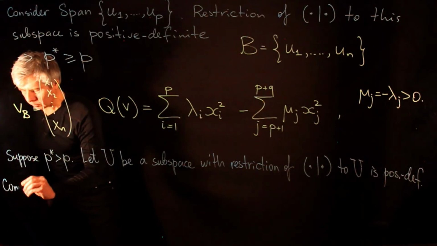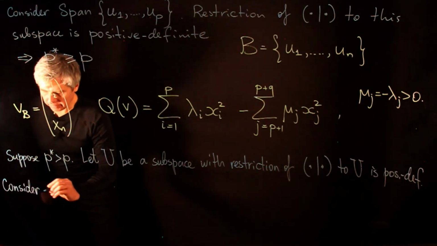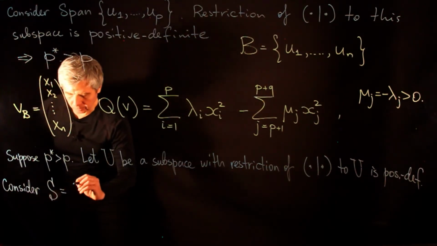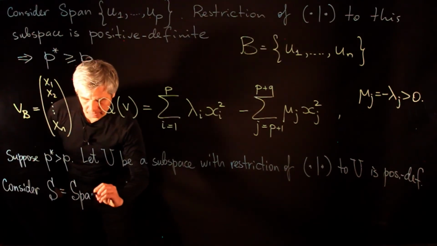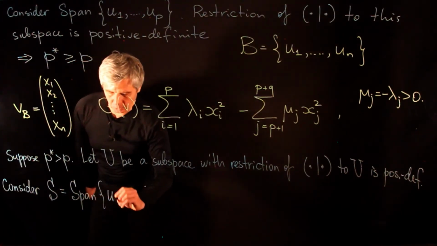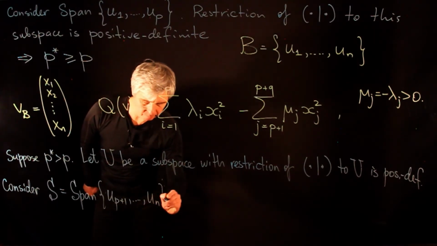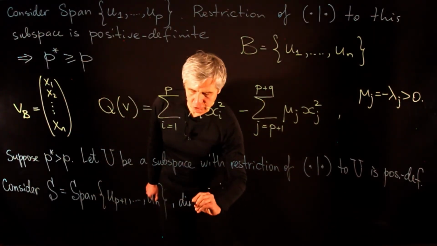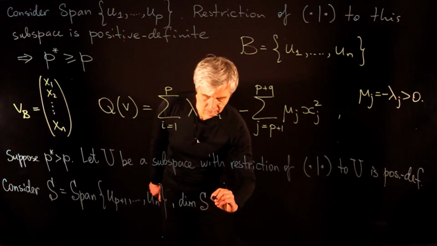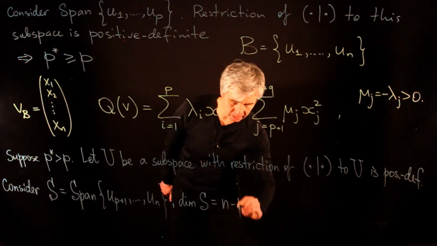Consider the following subspace S, which is the span of vectors u p plus 1 through un. We have that the dimension of this space is n minus p.